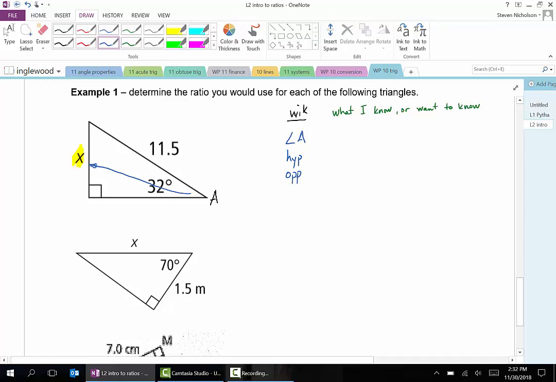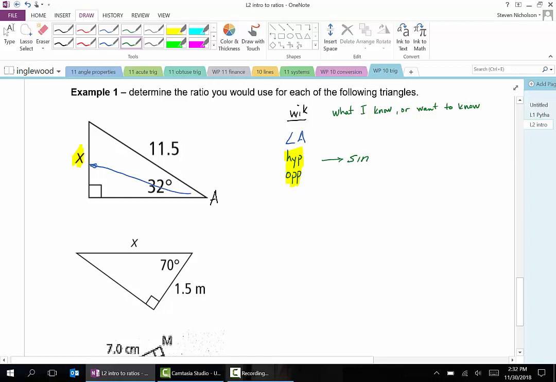And then what we would do is we would look into our formulas, and again, hopefully we have them written down on a separate piece of paper or somewhere really close to us. And what you'll see is you'll see opposite and hypotenuse. And that is the sine ratio.